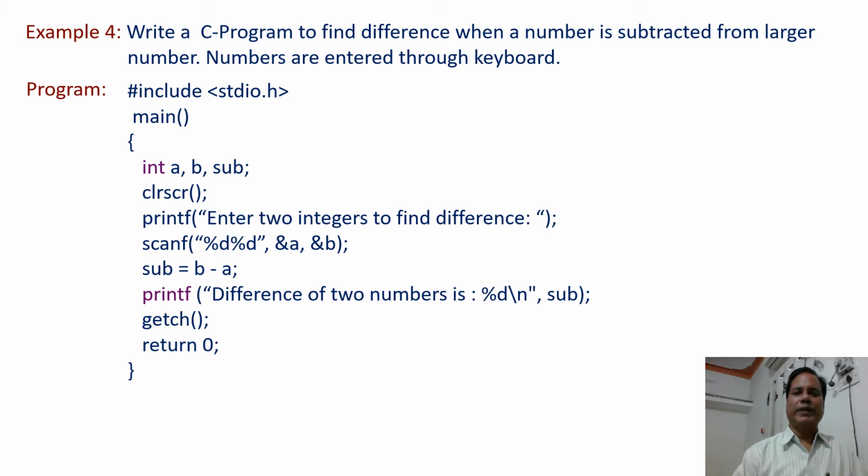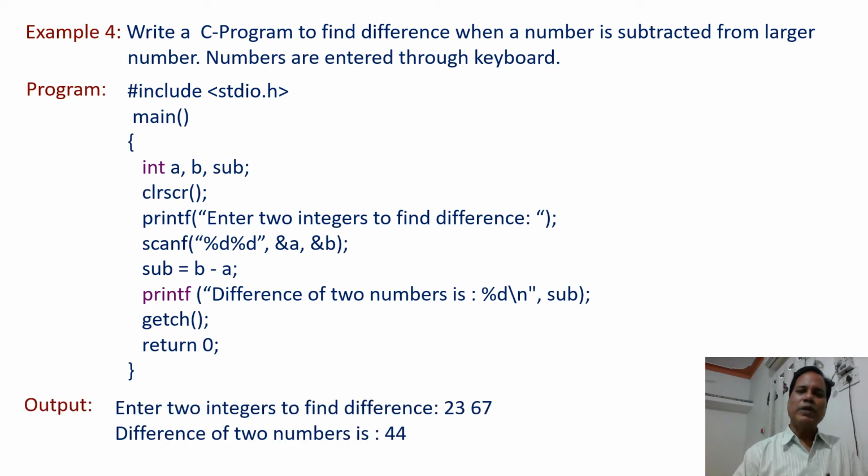So in this way we find the difference between two numbers when these two numbers are obtained from the keyboard. And once this program is executed, first this message is displayed, that is enter two integers to find difference. 23 and 67 is entered, and after entering the 67, when the enter key is pressed, we find the difference. This is displayed: difference of two numbers is 44.